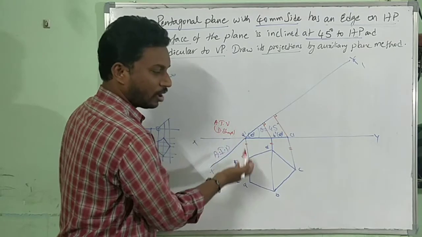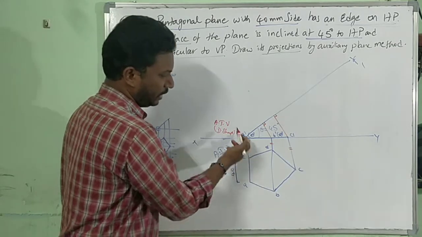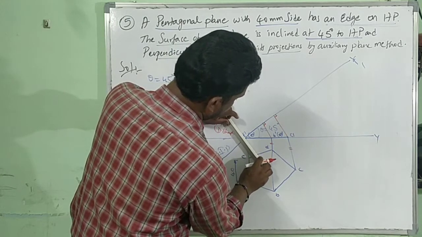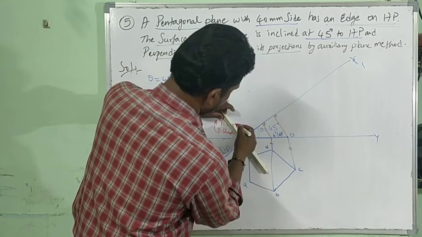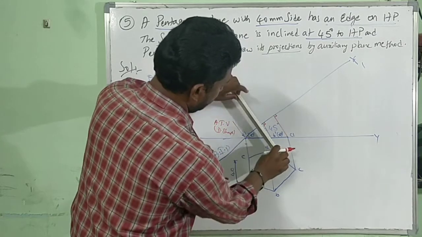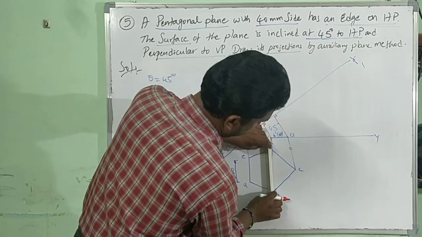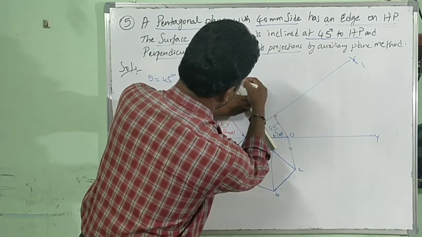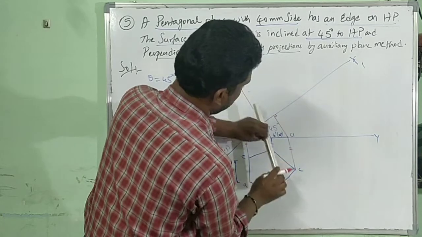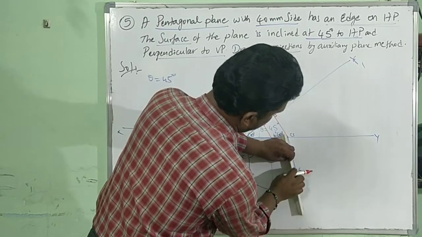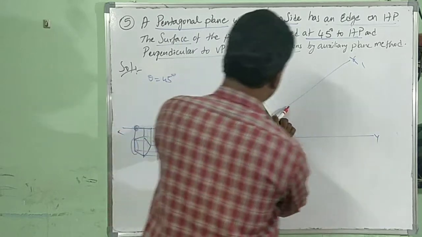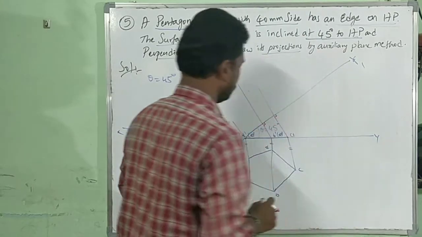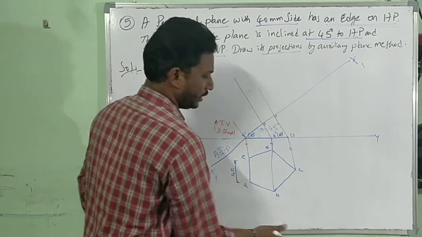A is common, right? From A point E here, whatever the distance you have, from here you are supposed to extend. Now this has to be extended. I hope you understand.